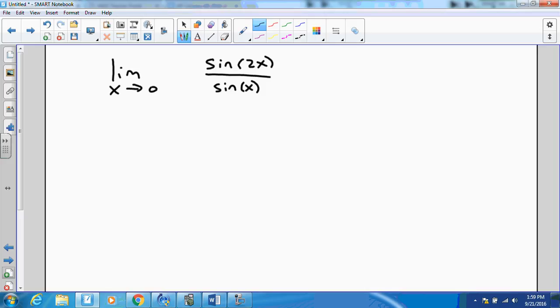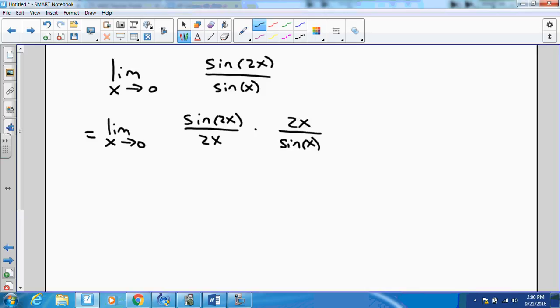Prove it. So I need to change it to sine 2x over 2x.